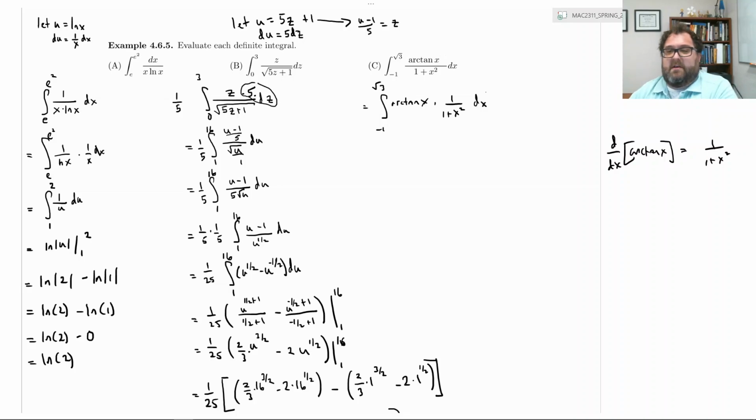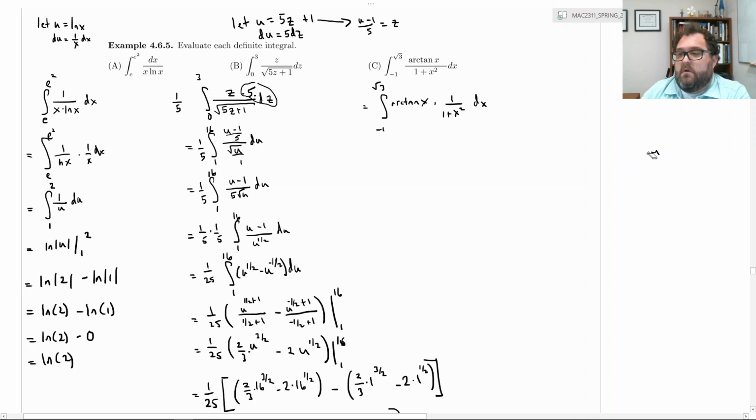So let's think about what we have here. What if we let arctan be u? Let u equal arctan. Then what's du? Well, we just said the derivative of arctan is 1 over 1 plus x squared, and since we're calculating a differential, of course we put the dx on the side.